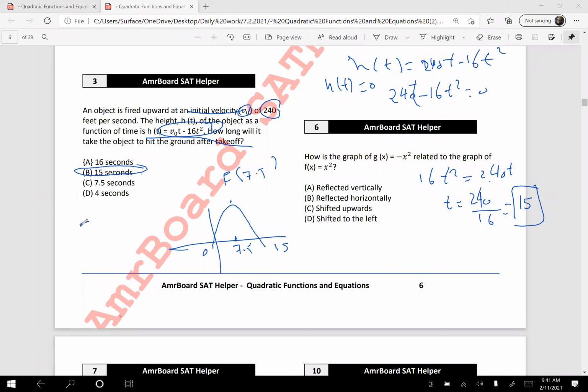It will be 240 times 7.5 minus 16 times 7.5 power of 2. Can you calculate it, please? Give me the answer. So this vertex is 7.5 and 900. Okay, thank you.